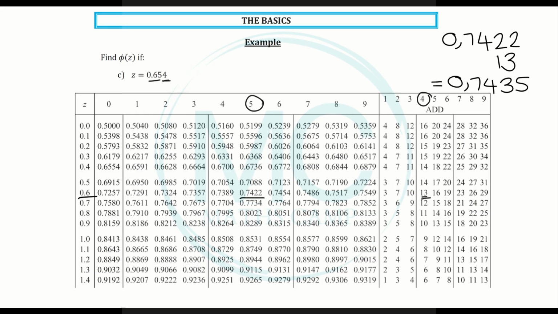But we leave our answer to 3 significant figures, which means here we need to round up. And we see the probability of Z is equal to 0,744.